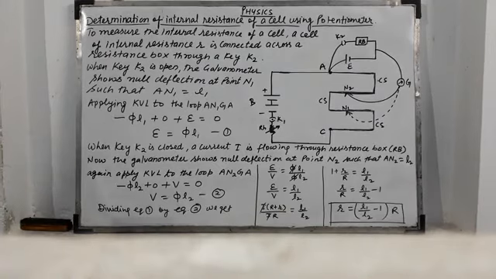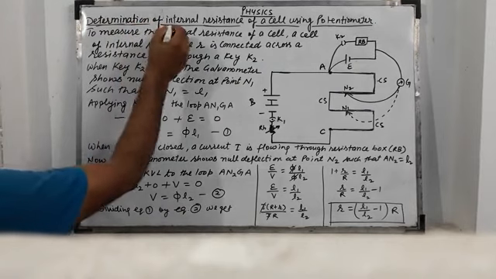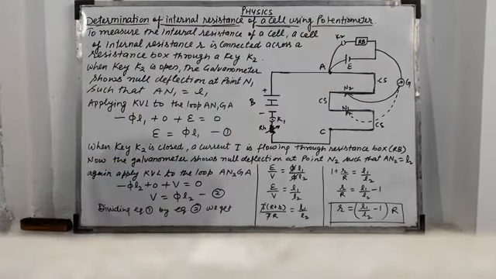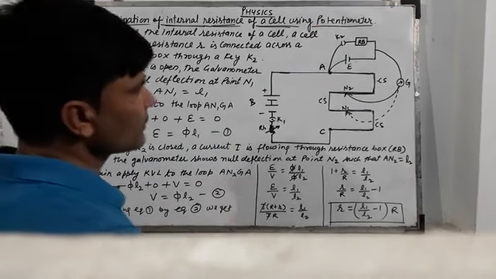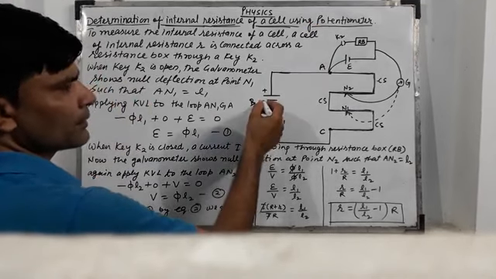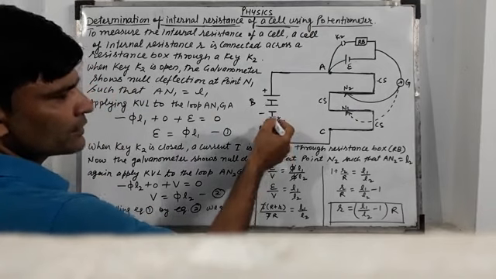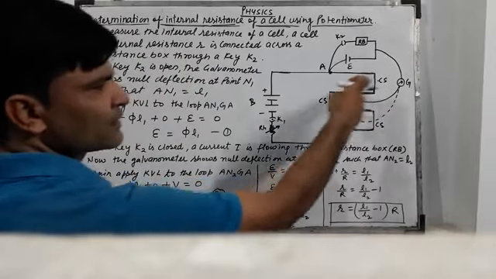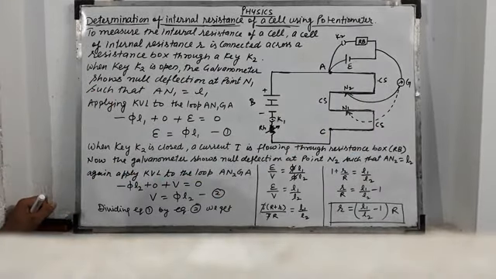The second application of potentiometer is the determination of the internal resistance of a cell using a potentiometer. For this, the diagram is here. A battery, rheostat and key are connected to 4 wires with the help of copper strips.